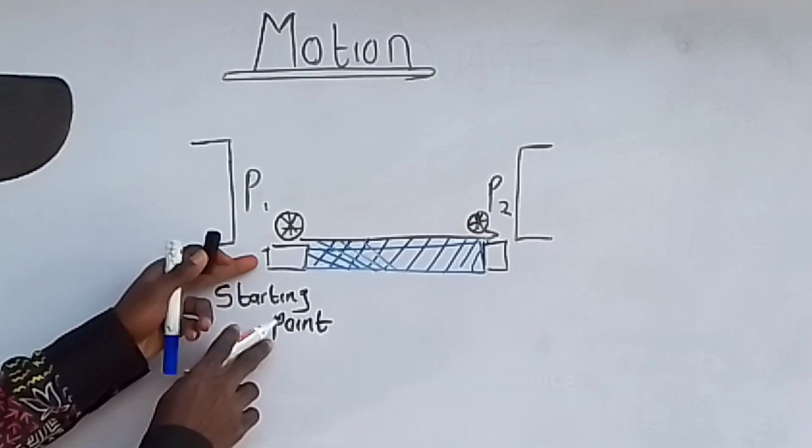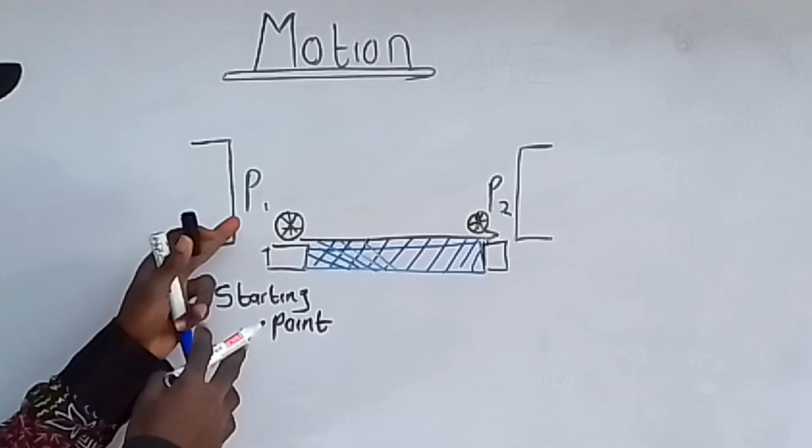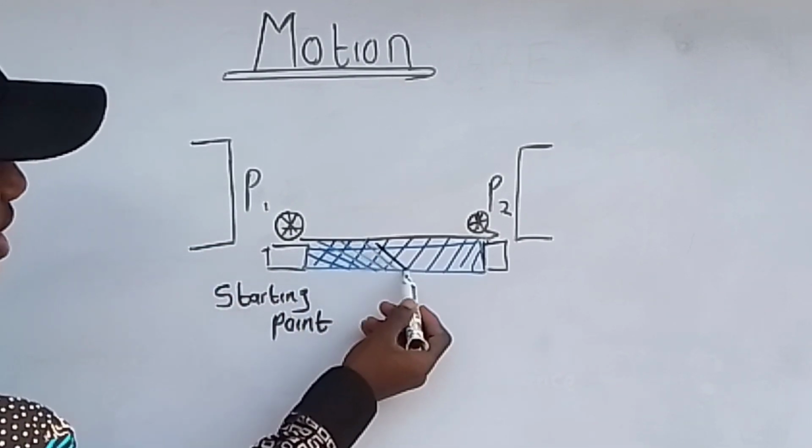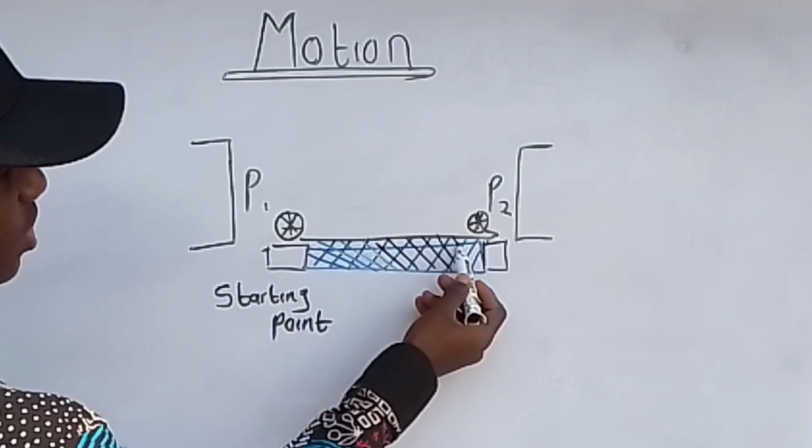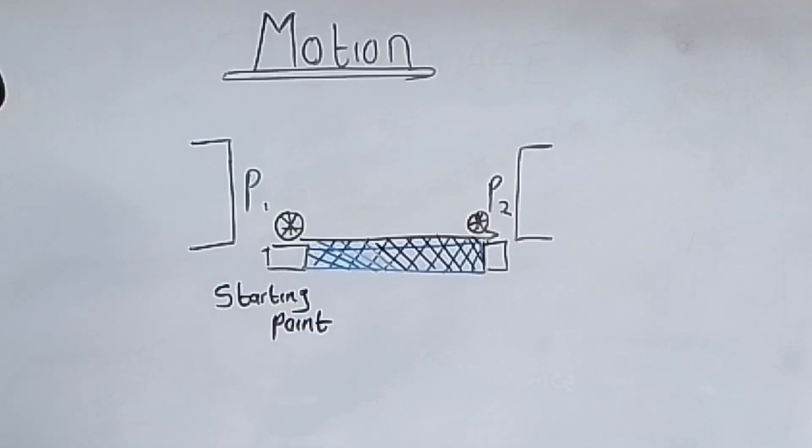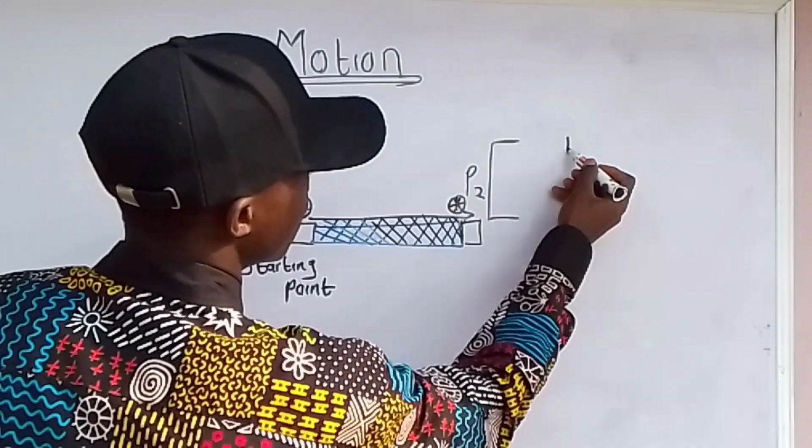This is the resting position of the ball before player 1 kicked it. The first characteristic of motion that we're going to talk about is the distance.